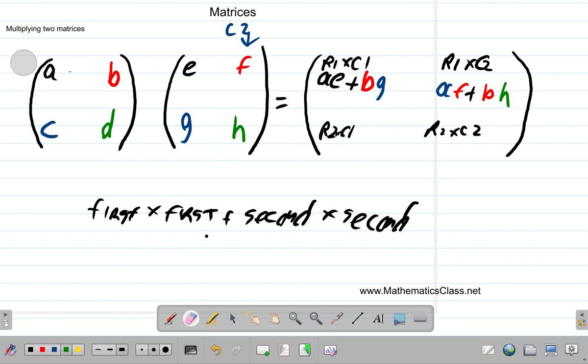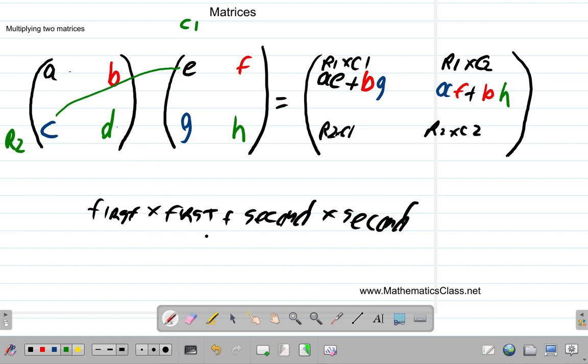Now, row 2 times column 1. Let's concentrate on row 2 and column 1. This times this, row 2 times column 1. First element in row 2 times first element in column 1. That's CE.